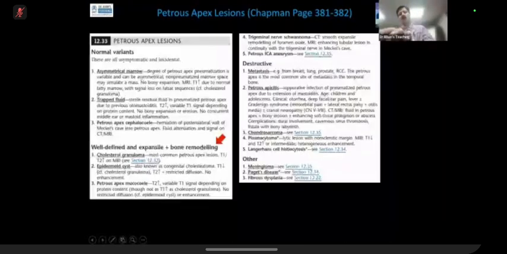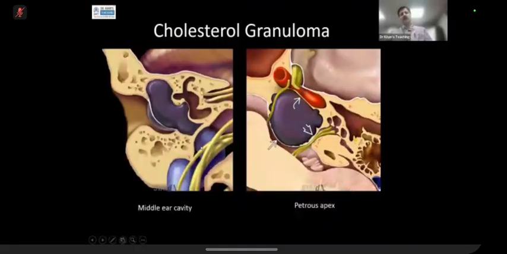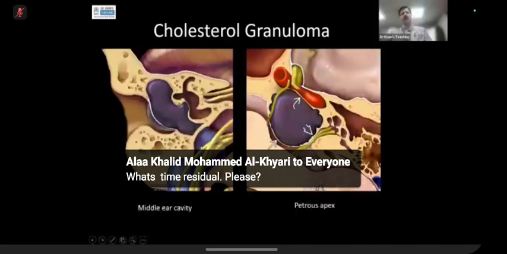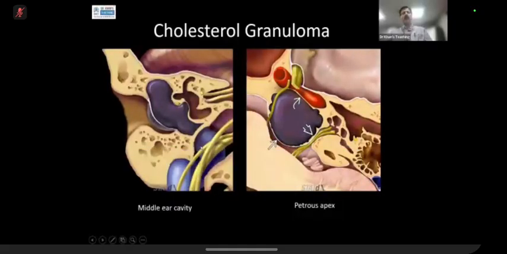So this is a cholesterol granuloma. What is a cholesterol granuloma? Basically, the pathophysiology is that cholesterol granulomas can be in the middle ear cavity, mastoid, or they can be in the petrous apex when it is aerated.